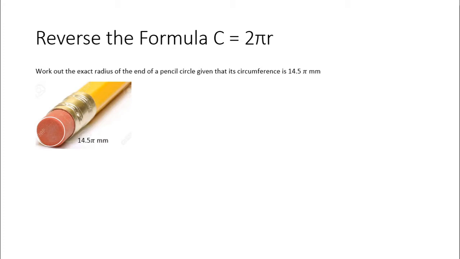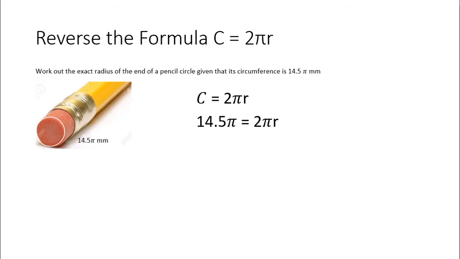Next question, we're given the circumference, the exact circumference in terms of pi, for this circle is 14.5 pi. We're asked to work out the radius, so we'll use the circumference formula that involves the radius. So circumference equal to 2 pi r, where the circumference is 14.5 pi. 14.5 pi is equal to 2 pi r. To find out what the radius is, we need to get r by itself.